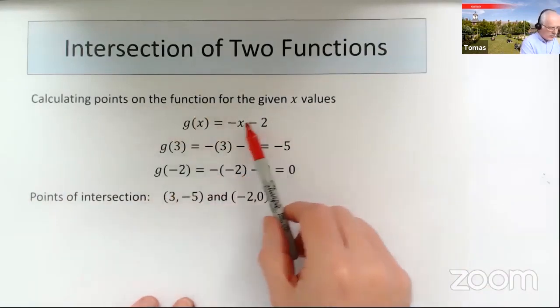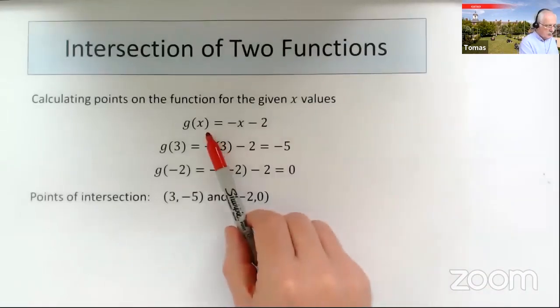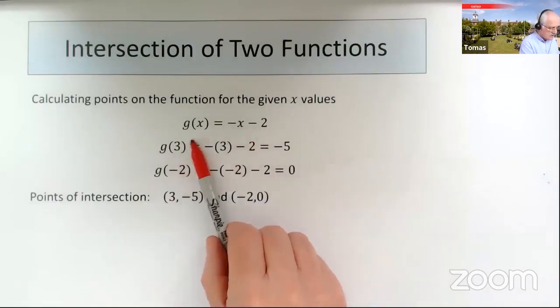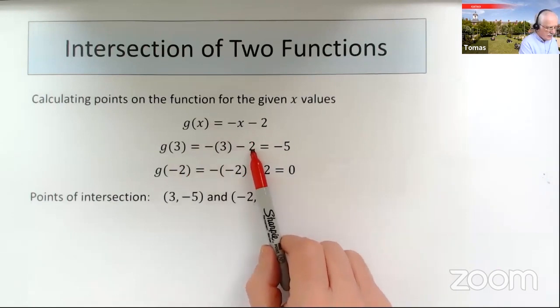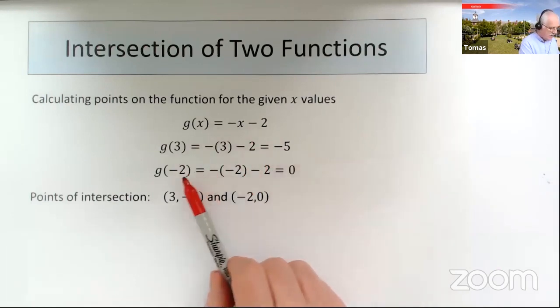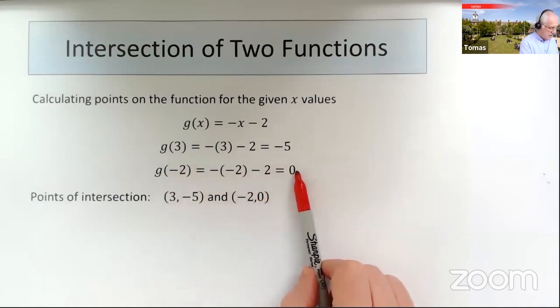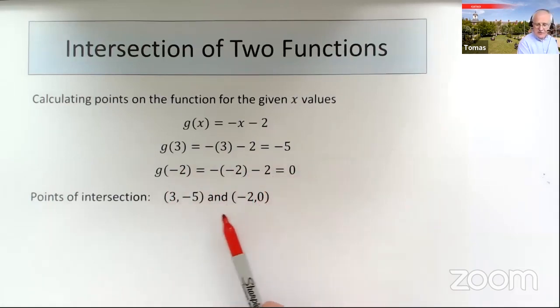So, draw the graph of g(x) now. Well, you've done this before. This was just plotting graphs. So when x is 3, g is minus 3 minus 2, which is minus 5. When x is minus 2, g is minus minus 2 minus 2, which is 0. So there are 2 points of intersection when g(x) and f(x) are the same.